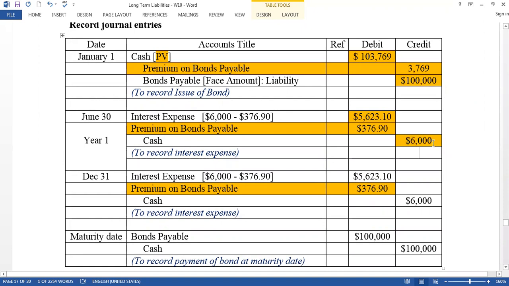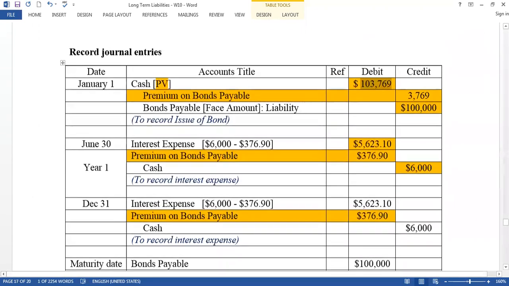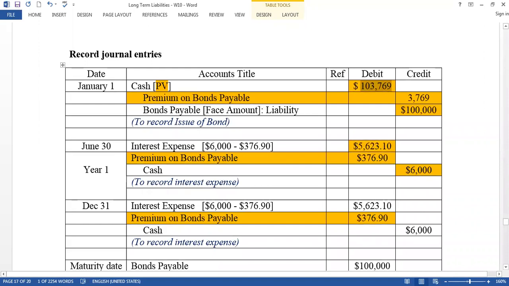So how to make it 5623.10, these two together, how to make it? This money already included here. Clear? That means you receive cash, right? You receive some face amount. So here you can see that you receive $100,000 plus, right? You receive face amount plus you receive additional.